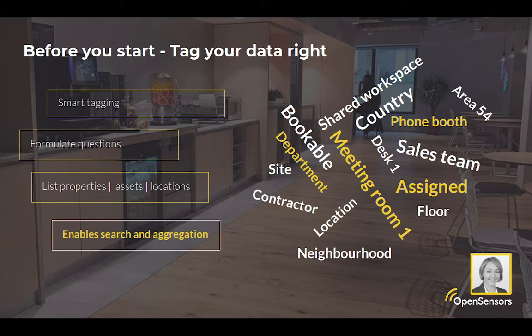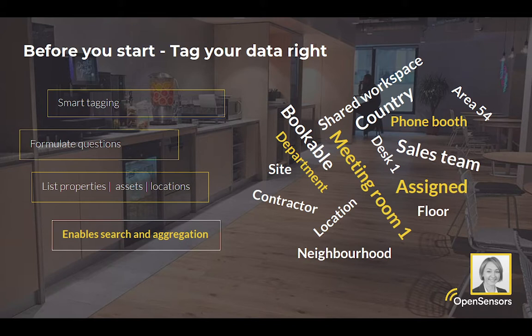Meeting rooms can be tagged by location, again building, floor, country, also according to their capacity, whether they are bookable or not bookable, formal or informal space, and also by availability of technology like screens, etc. But simple as it may sound, the right tagging enables search and aggregation by different parameters, which turns these very simple functions into powerful tools of data presentation and analysis.